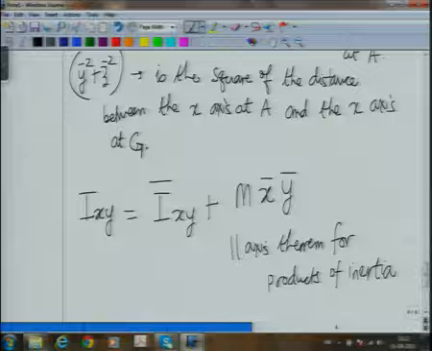Now one very common mistake one can tend to make.